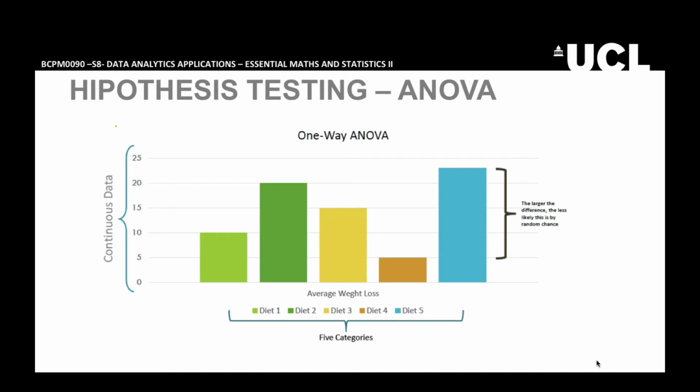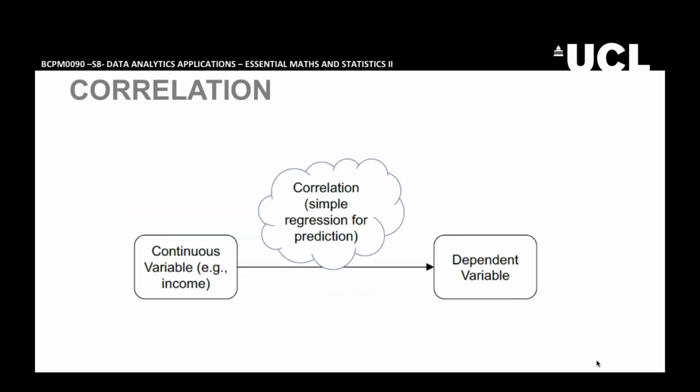Again, the larger the difference between the groups, the less likely this is by random chance. So at the end of the day, we are showing, for example here, that diet 5 is much more effective than the other diets.